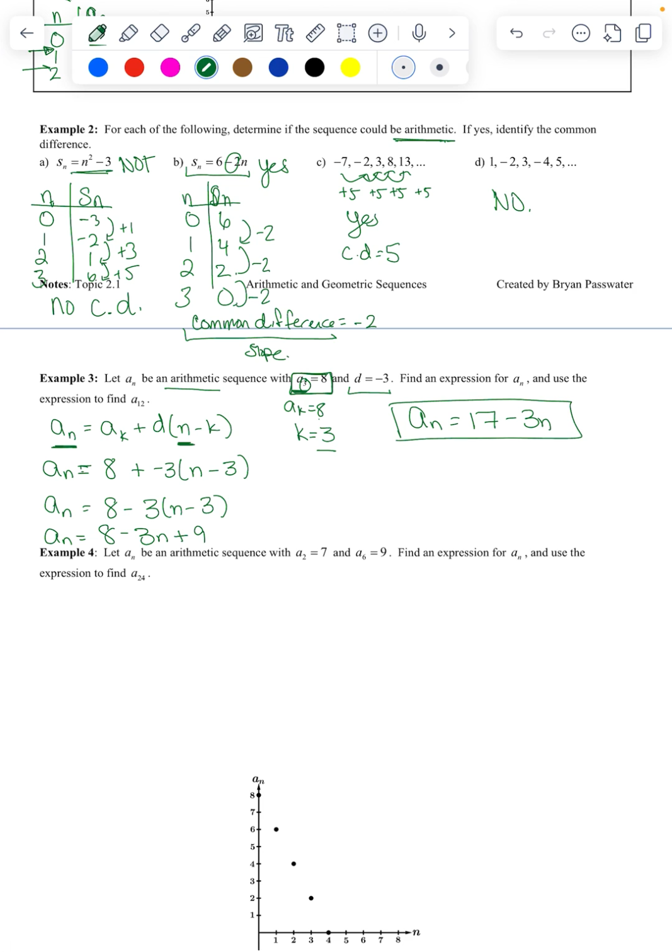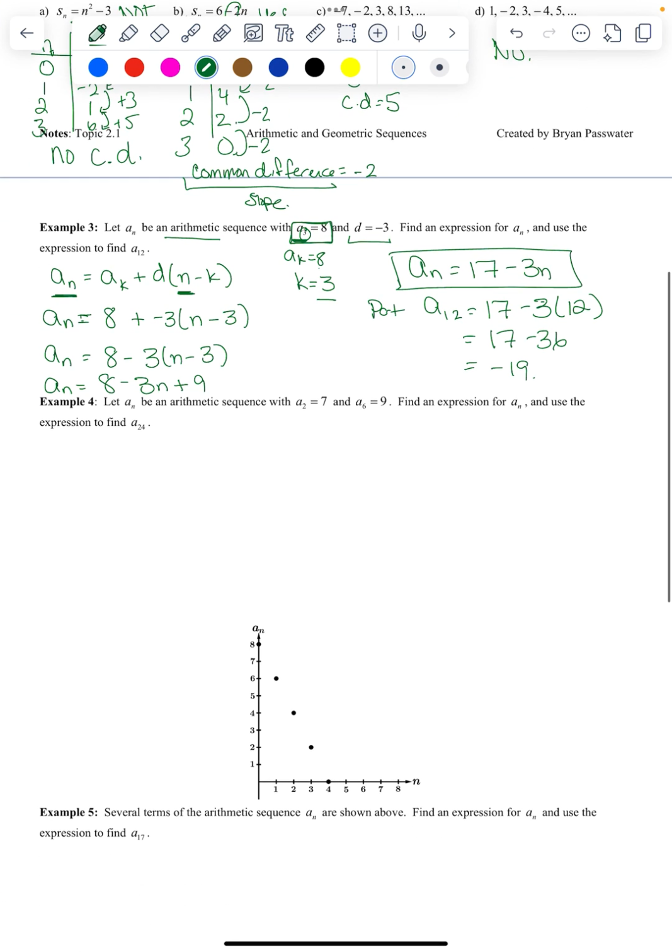So that is the expression for the arithmetic sequence given this information. And then part 2 of this question said, now that you have an expression, find a of 12. So that's going to be 17 minus 3 times 12. And you do the math, 17 minus 36 equals negative 19.